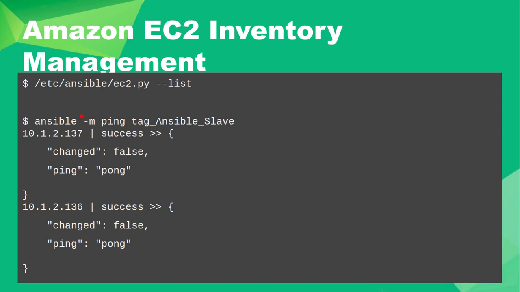Now if you want to run a ping to all the hosts with Ansible, we know how to ping. We have the command ansible -m ping, and then you can provide the file which contains the list of inventory. So ping-pong, it's successful.